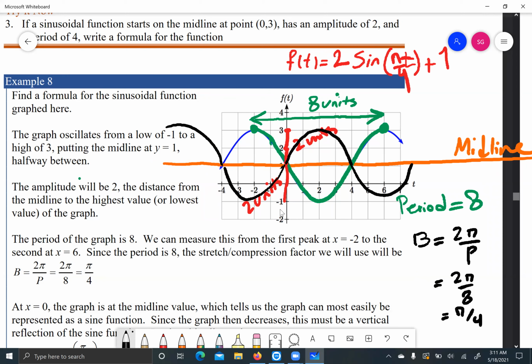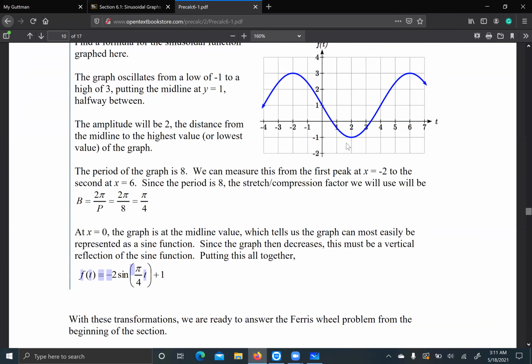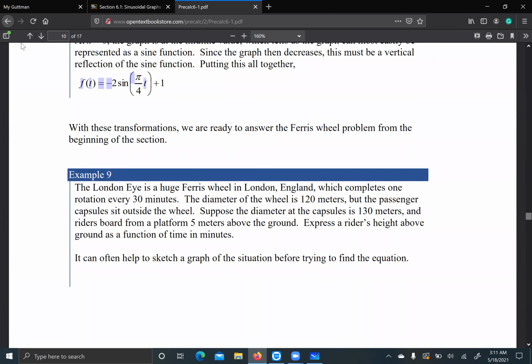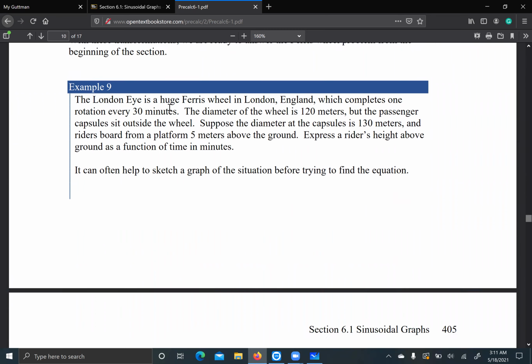That's because the graph was multiplied by a negative. For example, look here. If it was positive sine, we should have this part above the x-axis, but now we have it under the midline. So why? Because it is multiplied by a negative sign. This graph is a reflection of sine across the x-axis, the horizontal axis. That's why the graph is negative 2 sine of pi over 4 t plus 1.